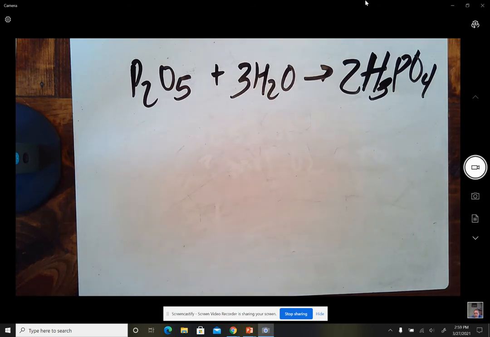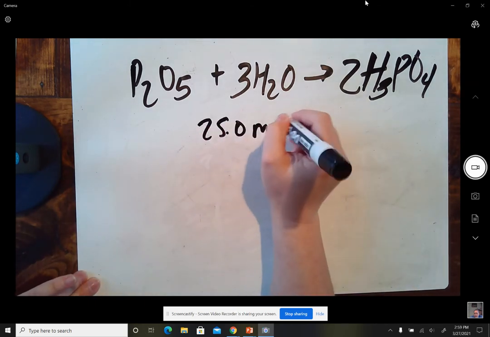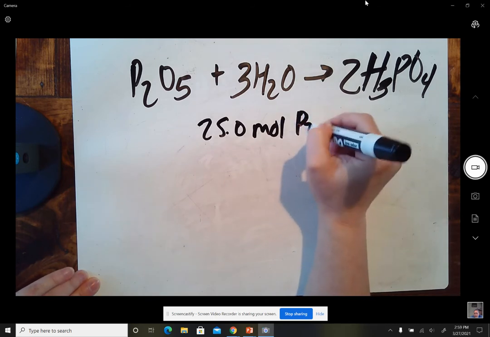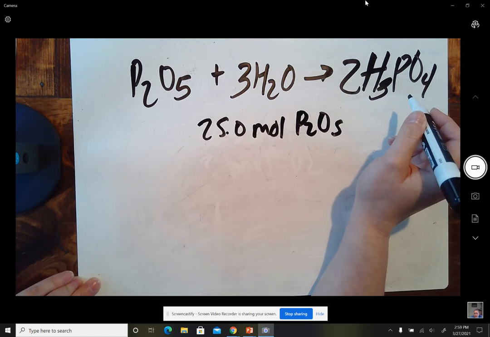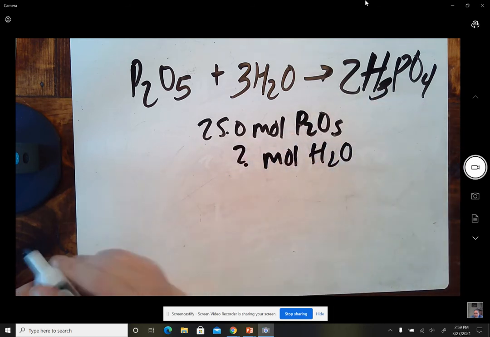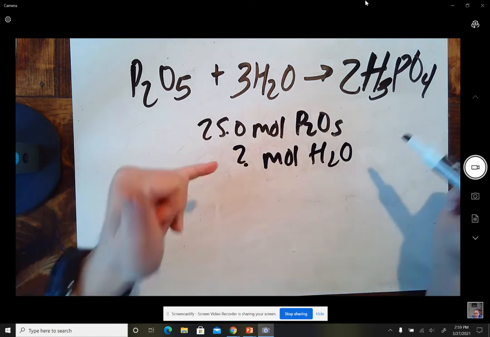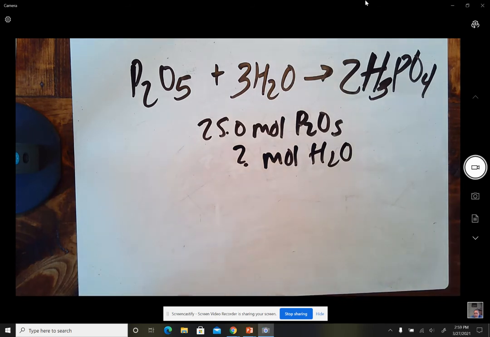I did already balance it for you. Here's the question. If 25 moles of P2O5 reacts with water to form phosphoric acid, how many moles of water are required? So they want us to convert from moles of the diphosphorus pentoxide to moles of water.